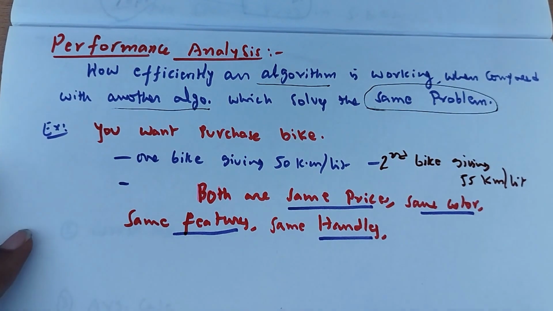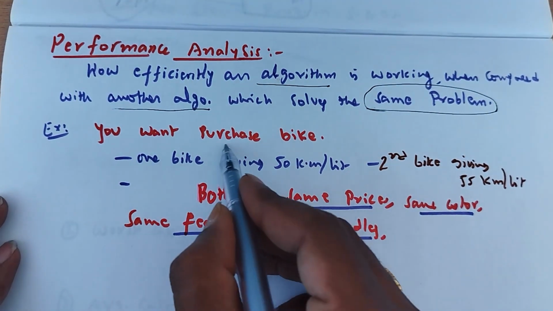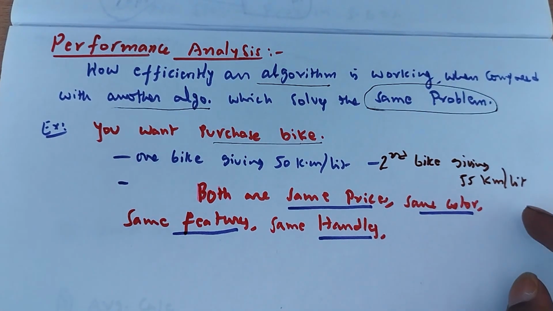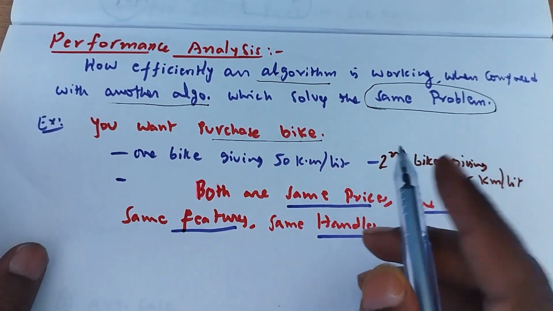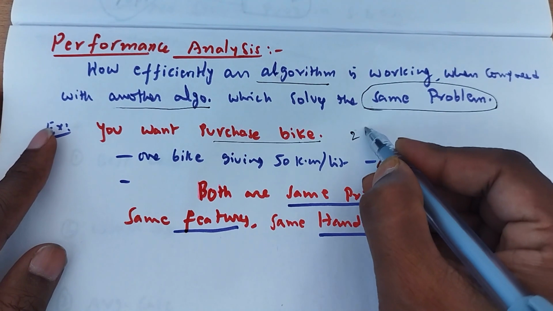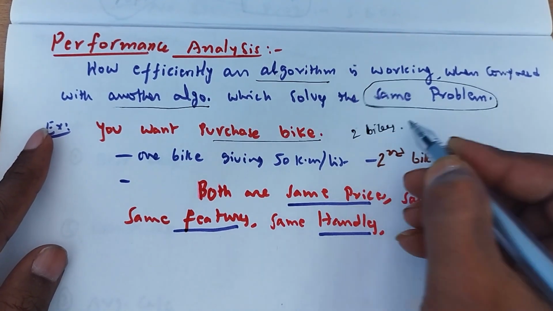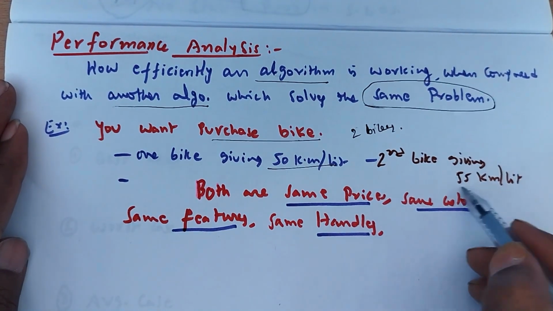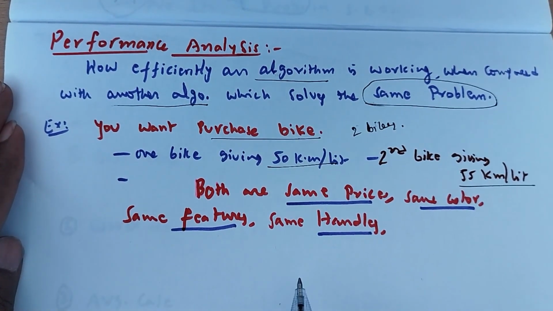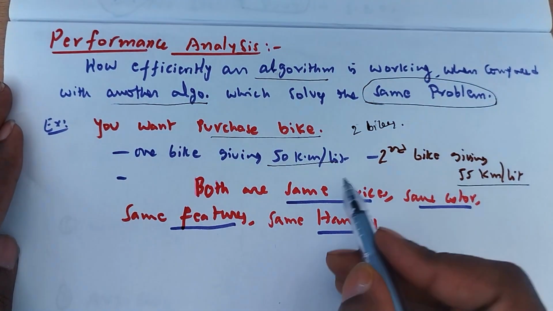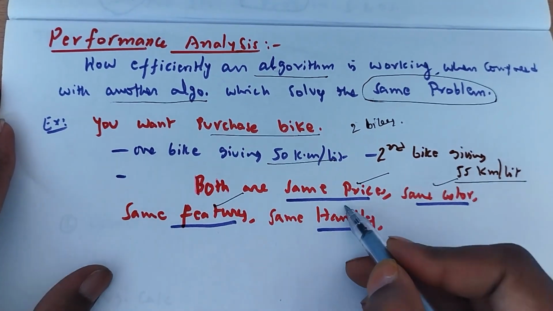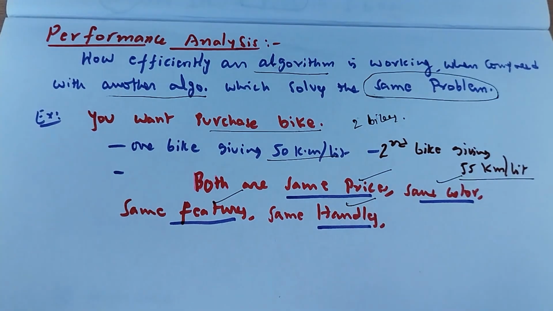For example, you want to purchase a bike. There are two bike options. One bike is giving 50 kilometers mileage, another bike is giving 55 kilometers mileage. And if you see the other aspects, the same price, same color, same features and same handle. All are the same.